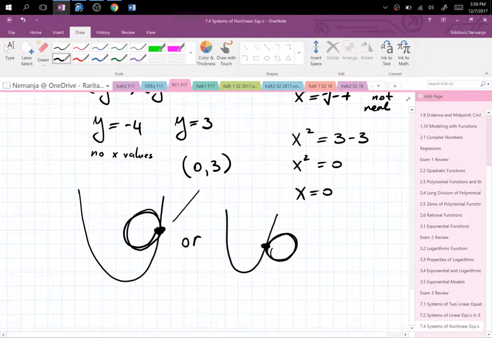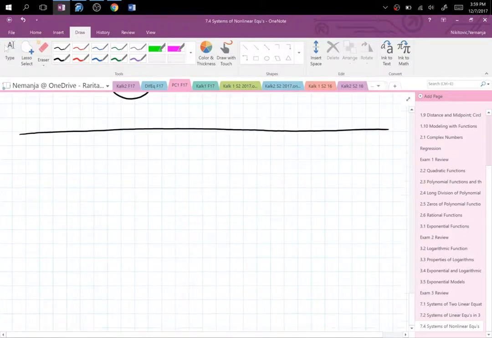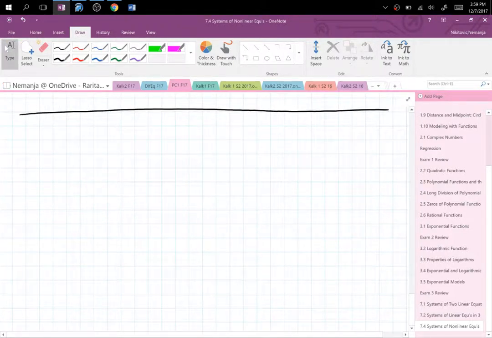And this point here is (0, 3) on the y-axis. Now you can go and graph it exactly and see what it is. So it's trickier than what you're used to, but definitely doable.